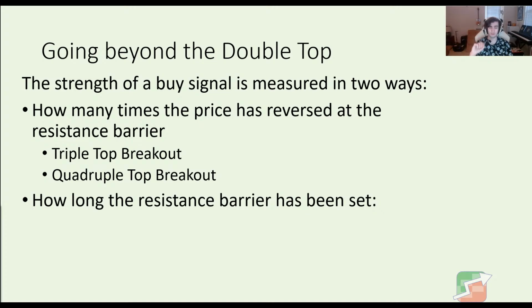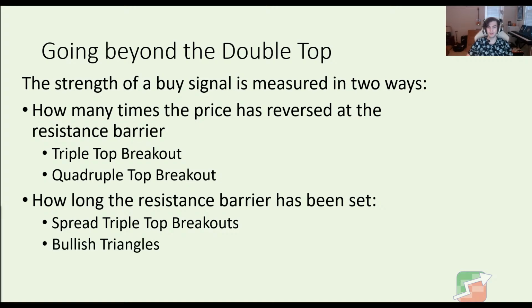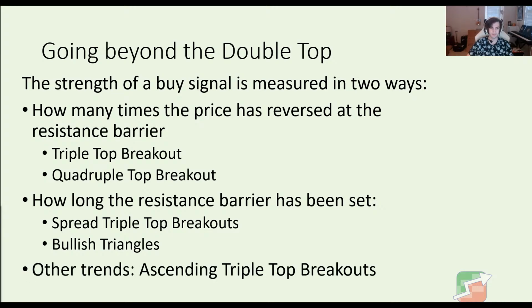You went away for summer vacation, came back, and little Johnny grew up 5 inches. Or maybe he just got a new pair of shoes. Either way, now something's changed and we've broken above that resistance barrier. That matters, and that means something. So we have what are called spread triple tops, or even bullish triangles, which I'll talk a little bit more about because it's very, very interesting.